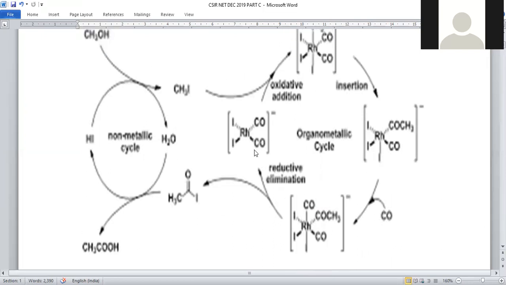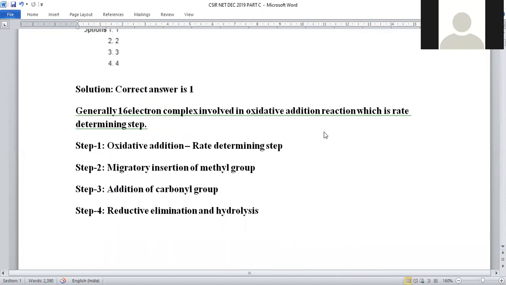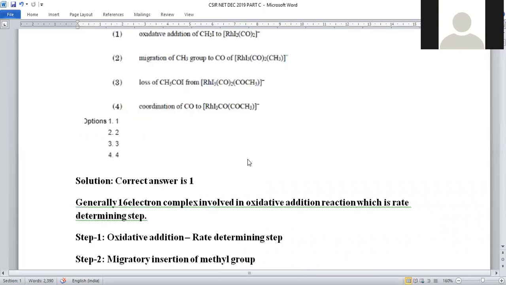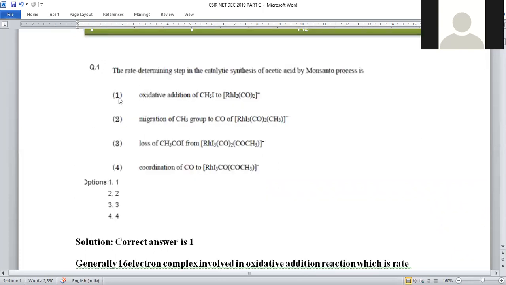Here the catalyst, that is the rhodium complex, is regenerated. The final product is acetic acid, generated by all these sequential steps. Among all, step 1, oxidative addition, is called the rate determining step, right? So that is the correct answer for question number 1.